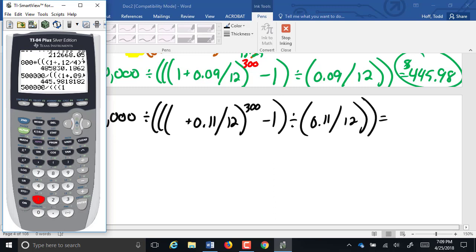Well, we're just going to stick with the 25 years so the problem is consistent. So that payment, ooh, I did something way wrong. Let me try that again.